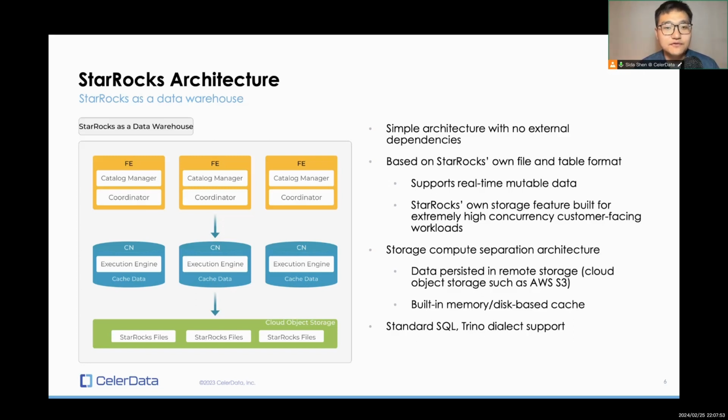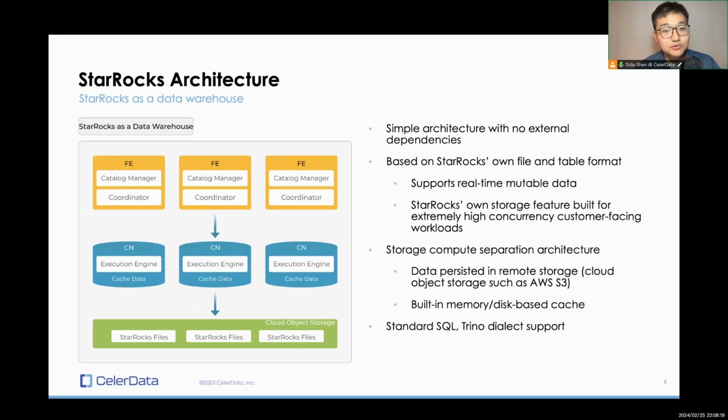StarRocks also features a storage and compute separated design, or call it a shared data design, where instead of the data persisting inside of each node, it is persisted in remote storage, still in StarRocks' own file format though, in a cloud object storage such as AWS S3.